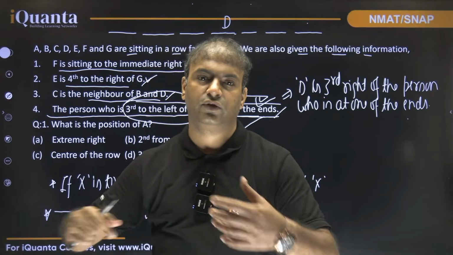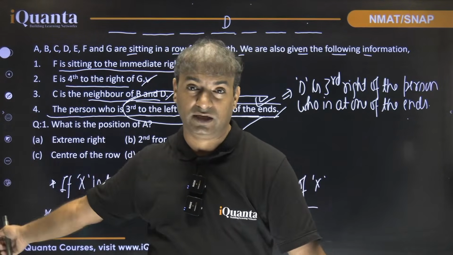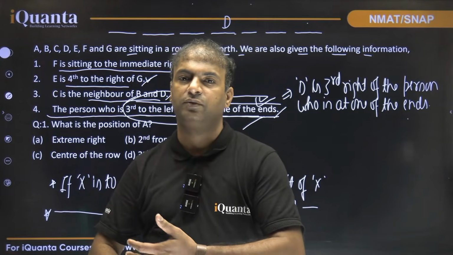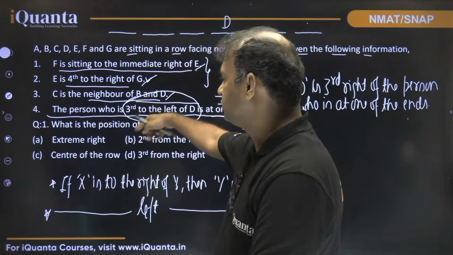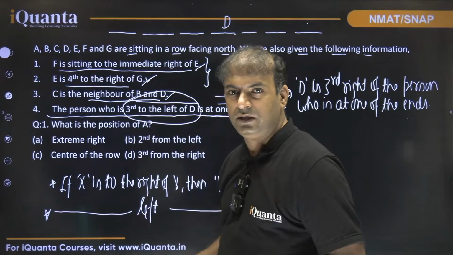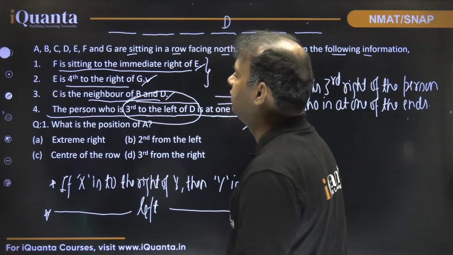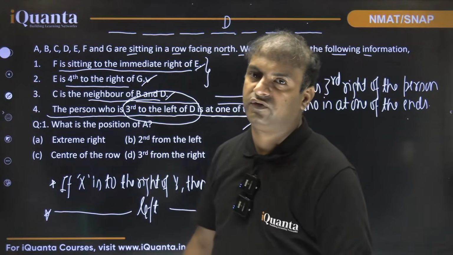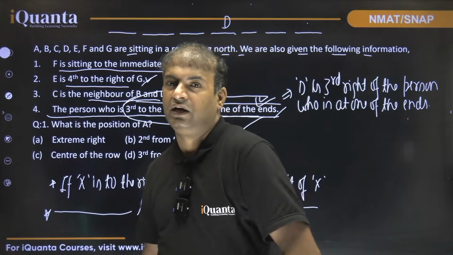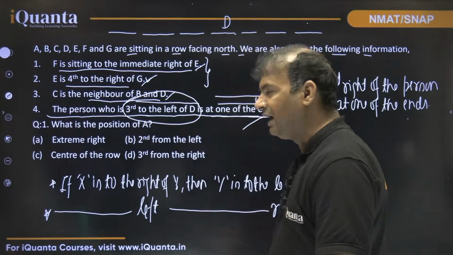So guys, this is one of the special pieces of information I was talking about. Remember, I said we have 3 kinds of information: absolute information, relative information, and some smart information. So this is one of the smart information. When there is a lot of gap between 2 people, you can always consider such information. Why? Because by using this kind of information, we will not get so many cases. You'll hardly get so many cases.